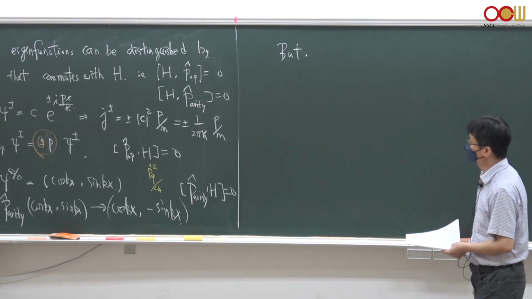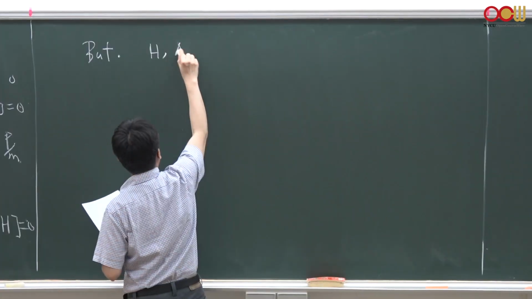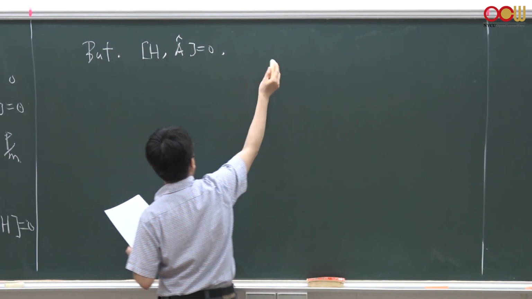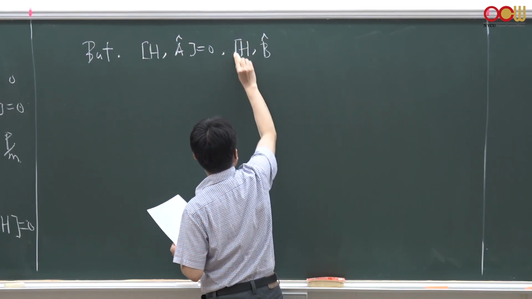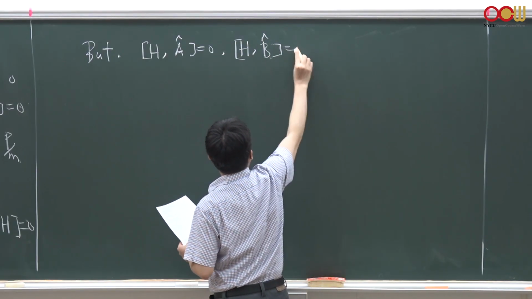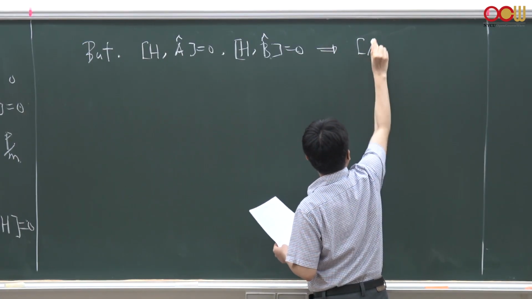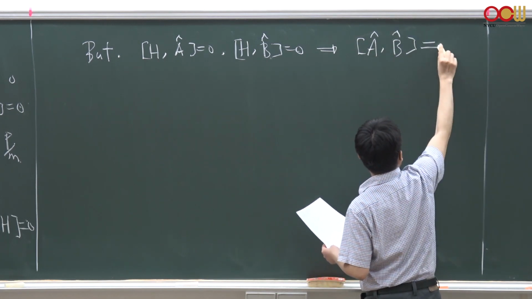In many cases, if the Hamiltonian commutes with some operator A, and the Hamiltonian commutes with another operator B, however, A and B do not necessarily commute.